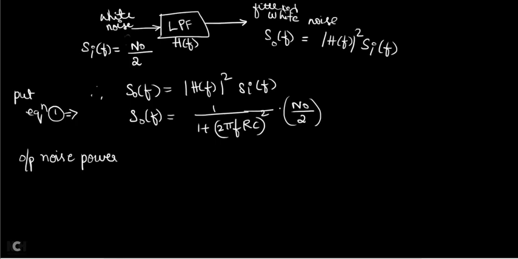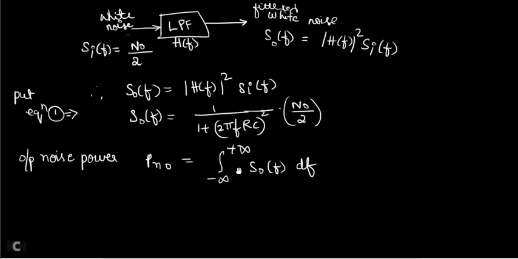Again, when I was explaining white noise, I told you output noise power is calculated as PNO. Output noise power PNO is equal to the integration from minus to plus infinity of your output power spectral density. Remember this formula? This was explained in the white noise concept.